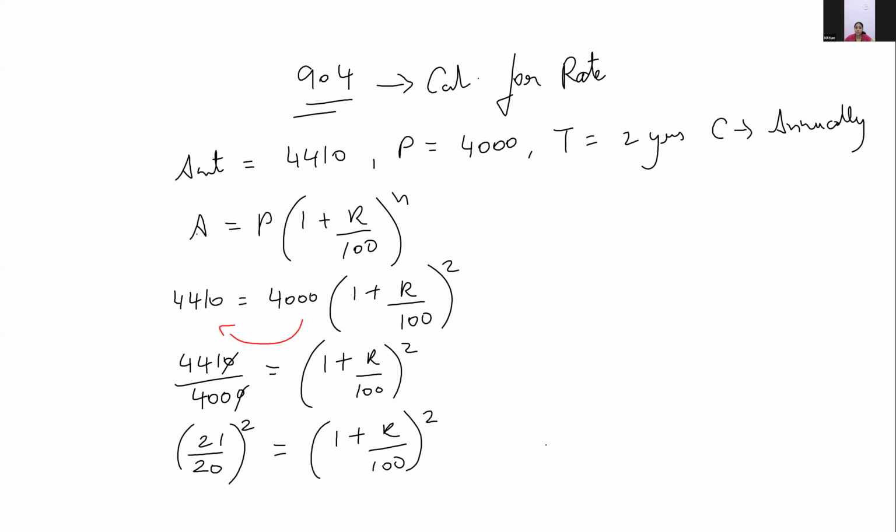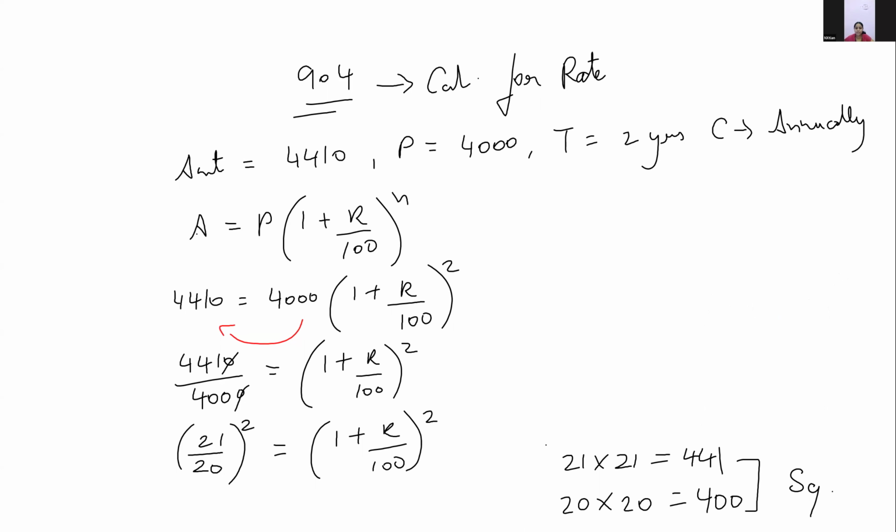What is the meaning of square? If you do 21 times 21, you will get 441. If you do 20 times 20, you will get 400. This is the meaning of square. Okay. So that is how we can write it.